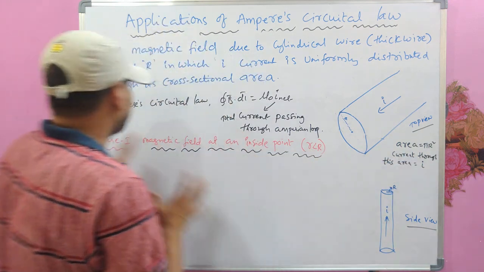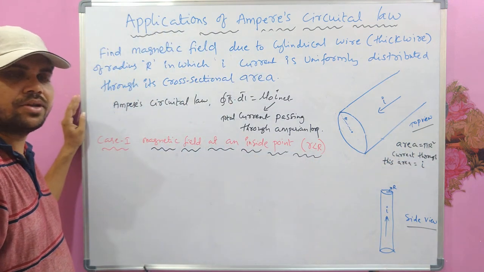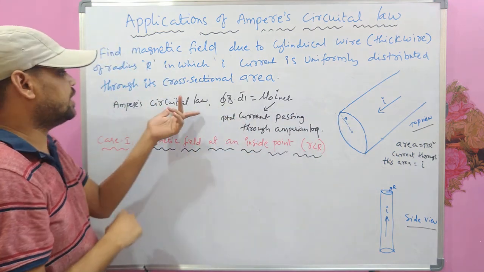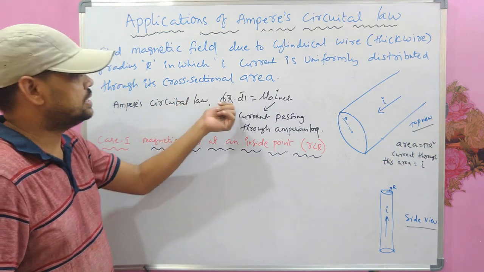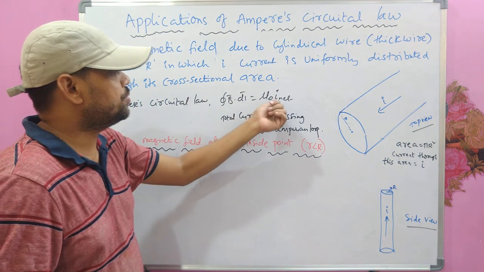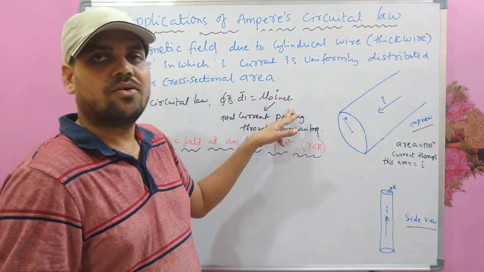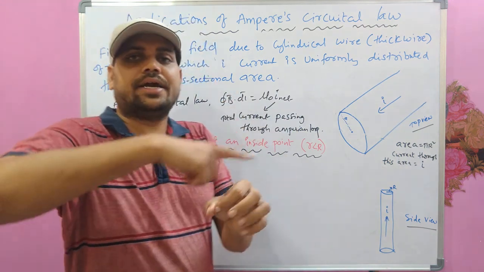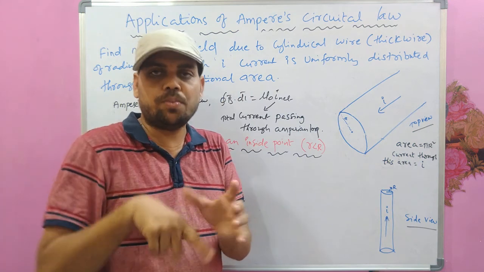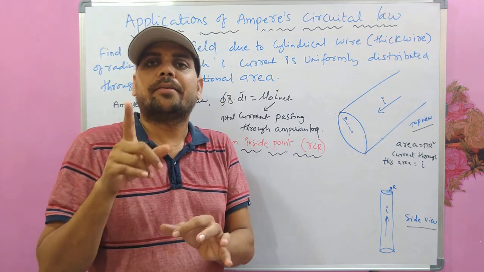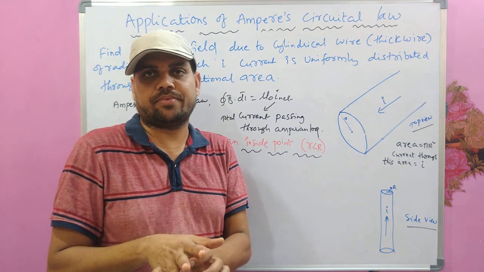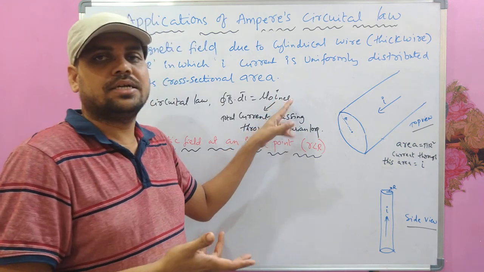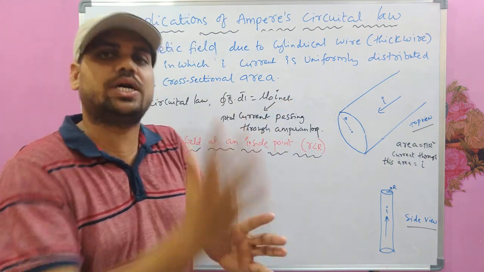Okay, so we are going to use Ampere's circuital law for finding the magnetic field due to this, and hence we need to know what it is. That is what I have written. Ampere's circuital law is integral B dot dl equal to mu naught I net, where the integral of B dot dl is the line integral taken around a closed loop for the magnetic field on that loop, and I net is the total current passing through that loop.